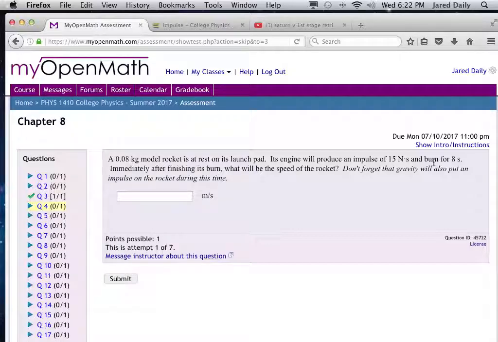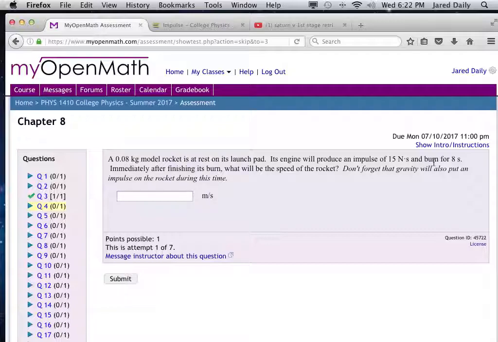And of course, change in momentum is mass times velocity final minus mass times velocity initial, right? And what do they tell us? They tell us mass. Good. They tell us impulse, so they tell us this. And they tell us the initial velocity is 0, right? So it's just mass times final velocity equals impulse. And we know this and we know this. We can calculate final velocity.